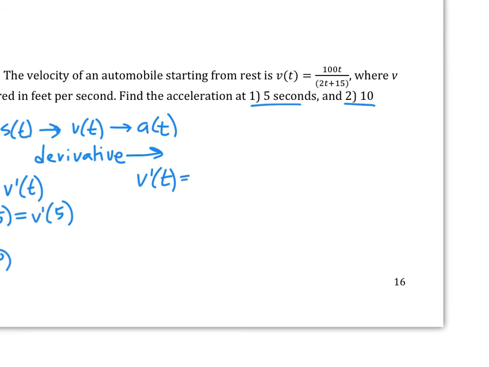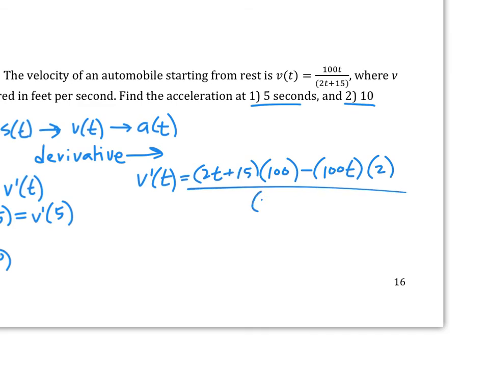All right, so this is going to be a quotient rule. So low d high minus high d low all over low squared.